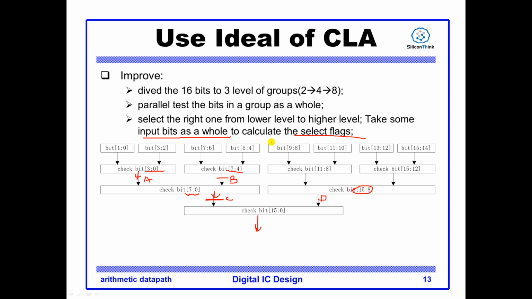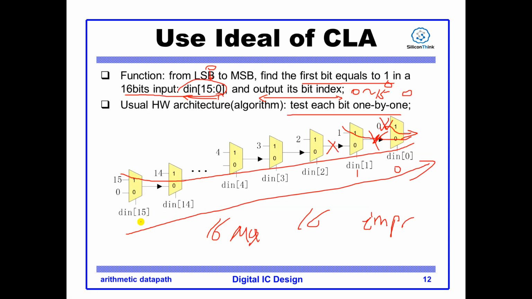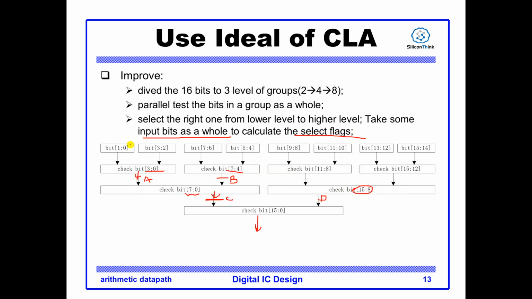Okay. So we can change the serial cascade architecture to the tree parallel architecture. So the function for this check, how to do it.